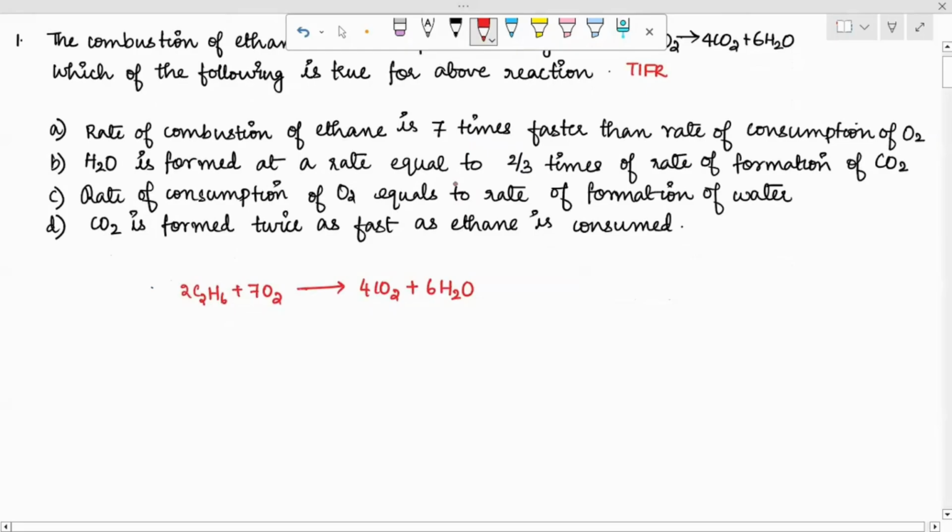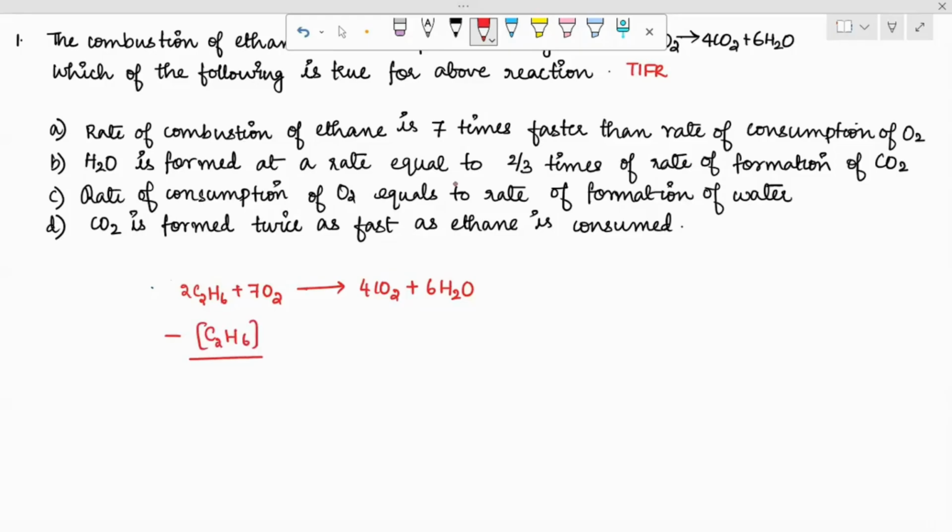So this is going to be change in the concentration of ethane with time into, you have to take the reciprocal of the stoichiometric coefficient as well.